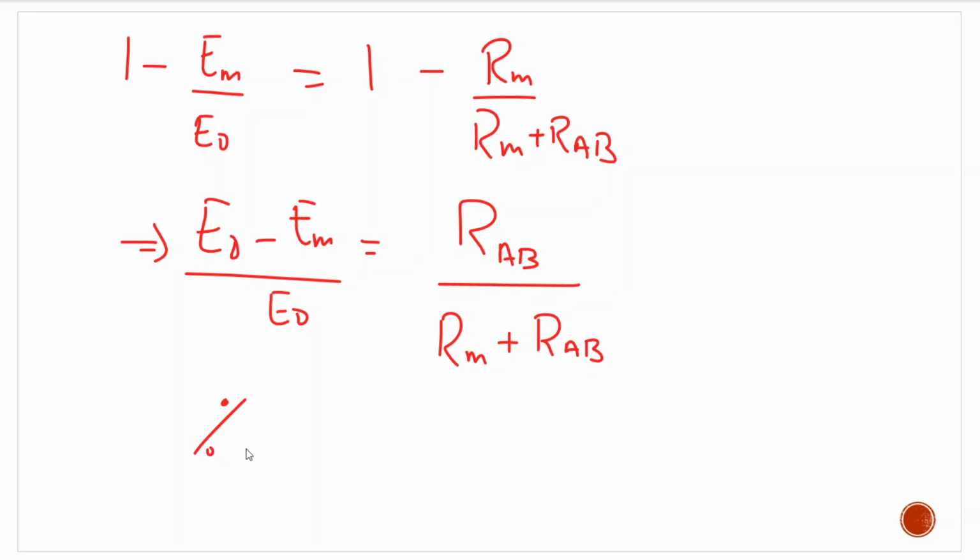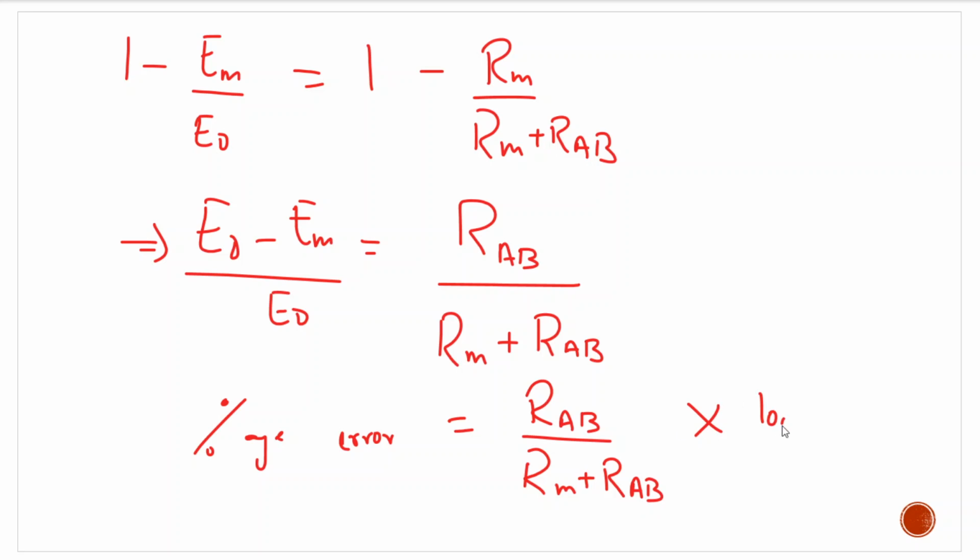So percentage error will be RAB divided by RM plus RAB multiplied by 100%.